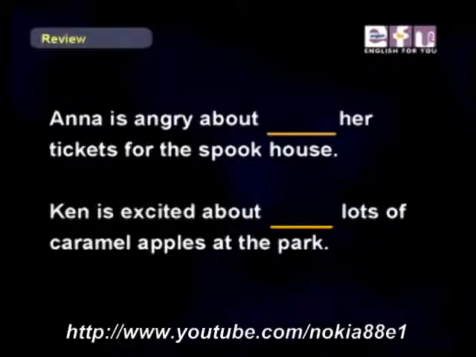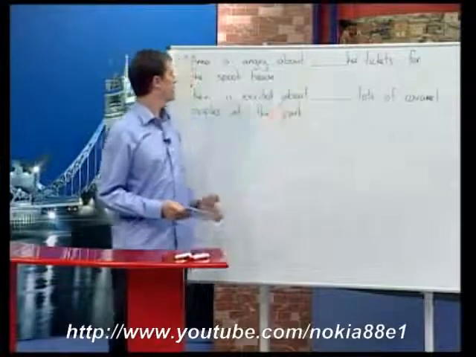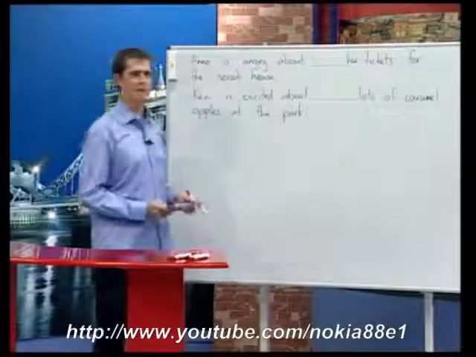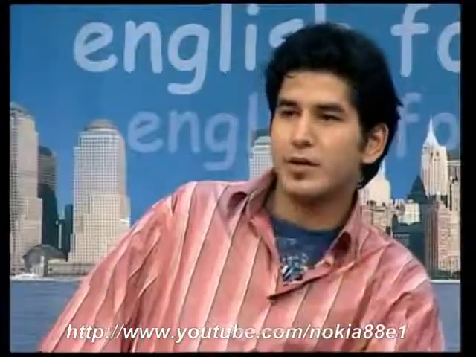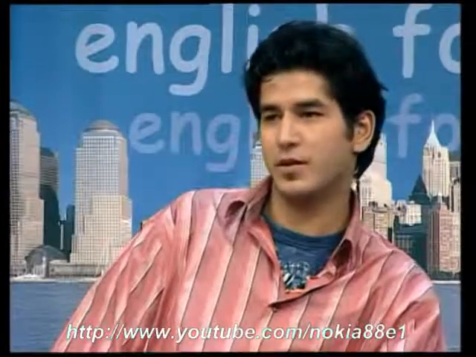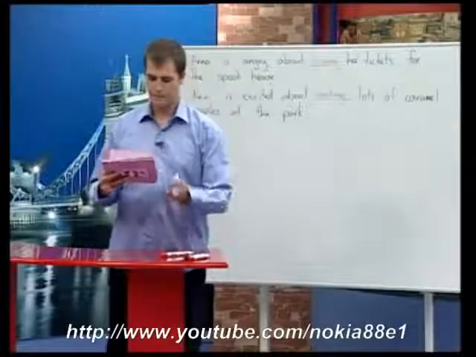Lots of caramel apples at the park. Anna is angry about her tickets for the spook house, and Ken is excited about lots of caramel apples at the park. What do you think? Anna is angry about losing her tickets for the spook house. Ken is excited about eating lots of caramel apples at the park. Good. Okay, next one.